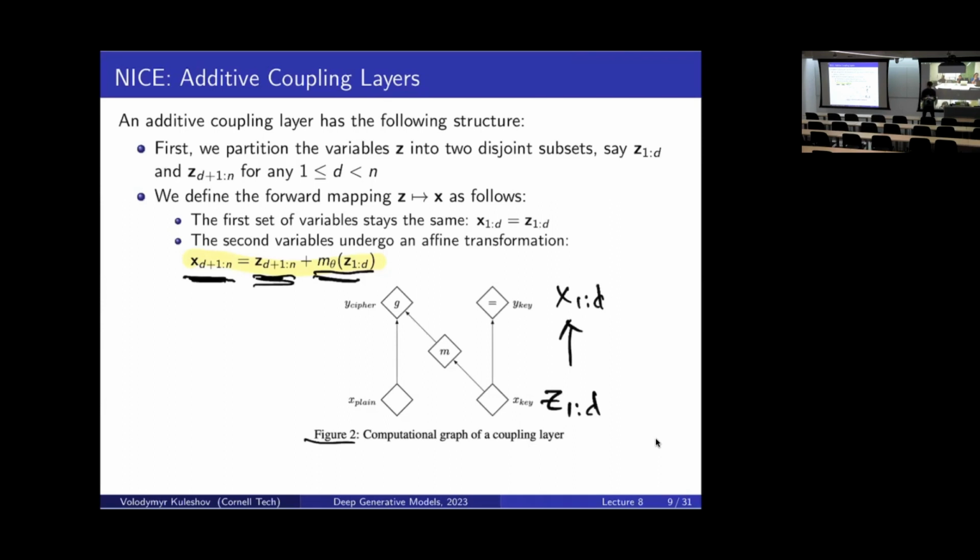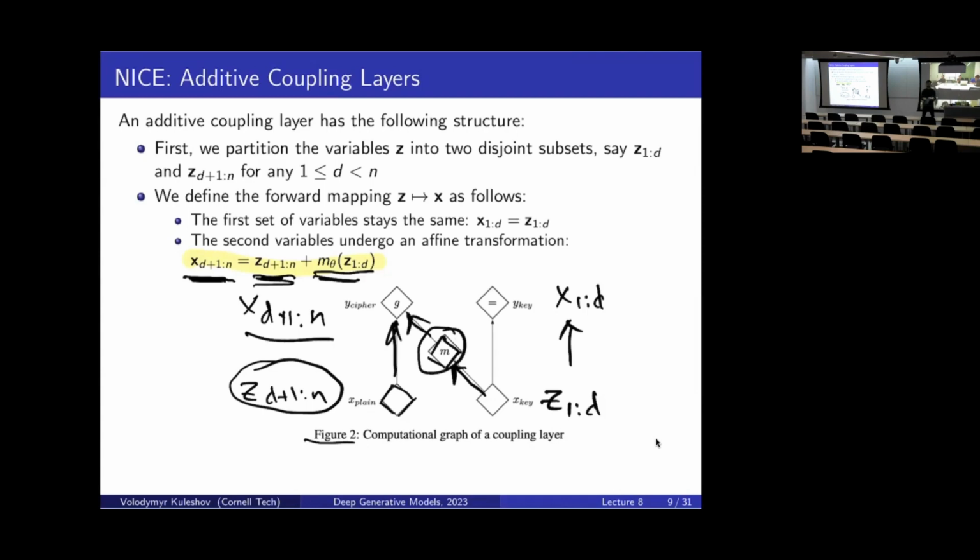And then we also take this first subset and we feed it into a neural net, m, which then gets combined with this other subset, z d plus 1 to n. So now the output x d plus 1 to n becomes the sum of this term plus the output of this neural net. These get added, and this is what gives us the output for the second subset.